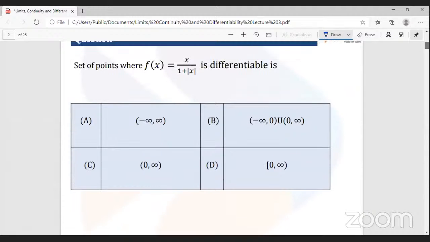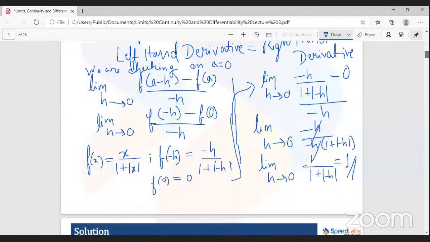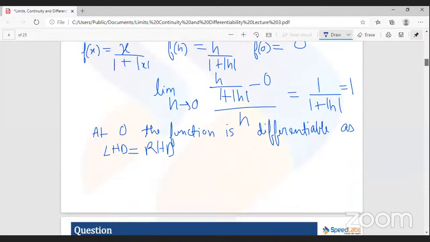So amongst these options, this is not possible, because it is differentiable at 0. So both of these are cancelled. Now we have to check for negative values, because if negative values are there, then the first can be correct. Otherwise, D will be the option. So now let's check for the negative value.